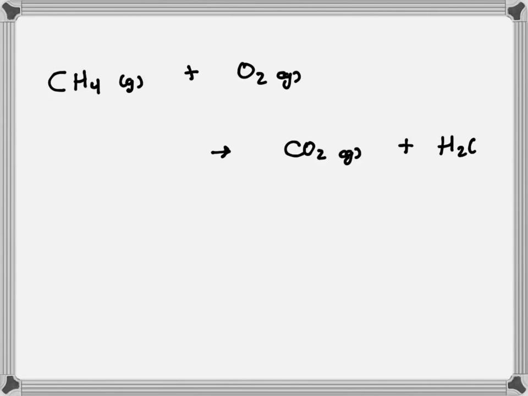All right, now let's look at our next one. CH4 is methane. We'll get our carbon dioxide and our water vapor. Okay, now one thing about combustion reactions is that this oxygen right here needs to be paid close attention to.